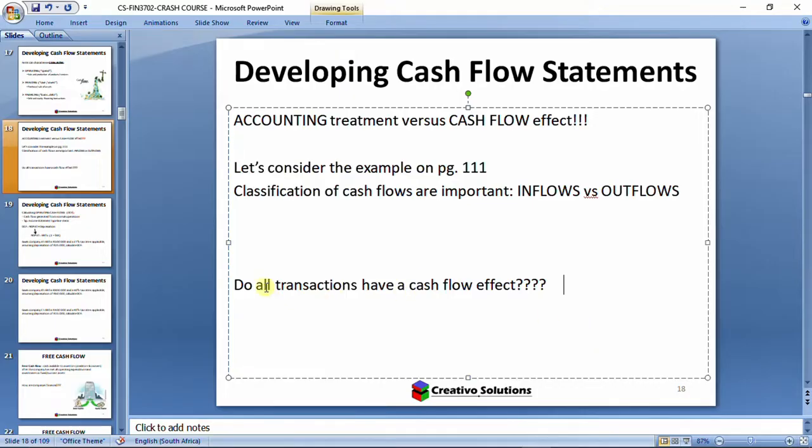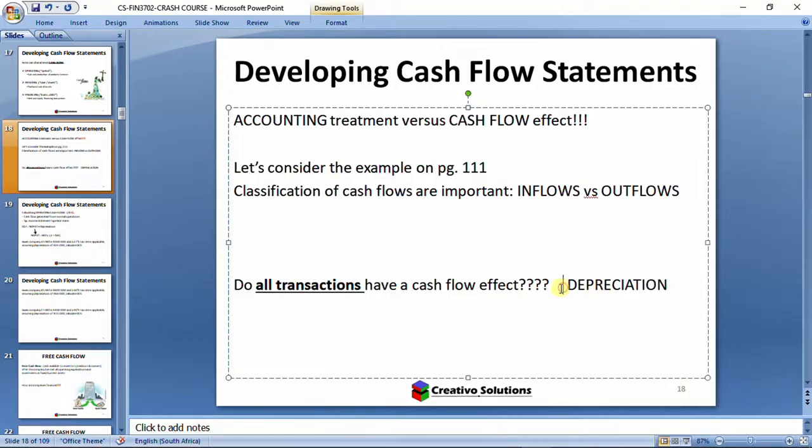Credit does, but credit has a delayed cash flow. So if I sell something on credit, when do I collect the cash? Yeah, that's in the future. Exactly. What doesn't have a cash flow? We just looked at it.